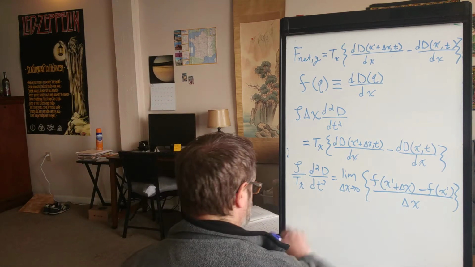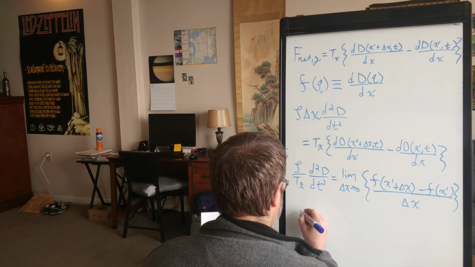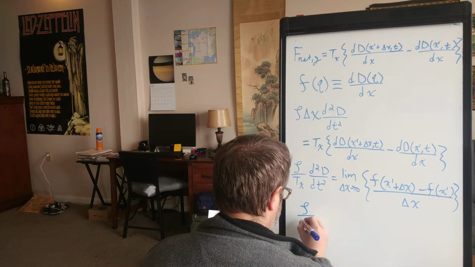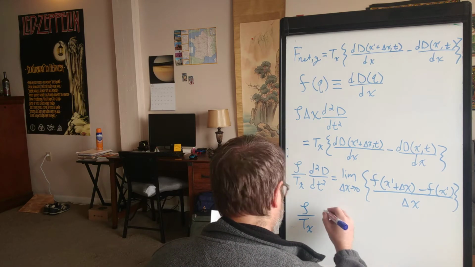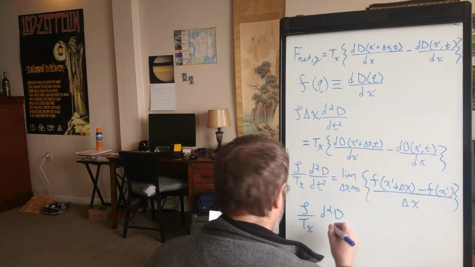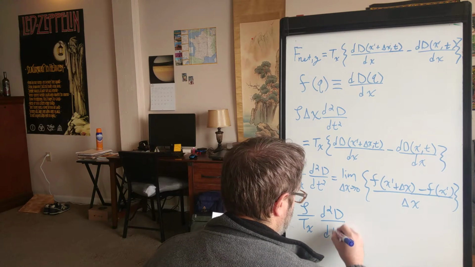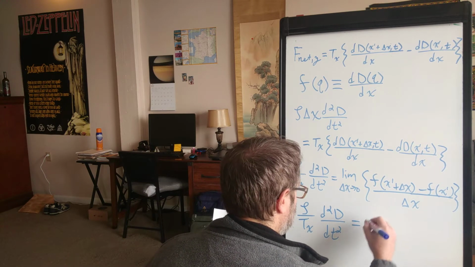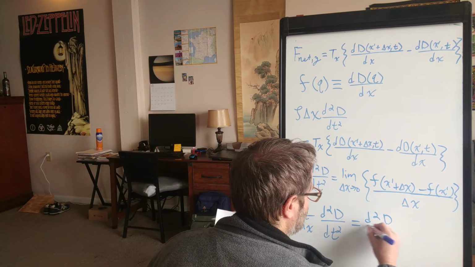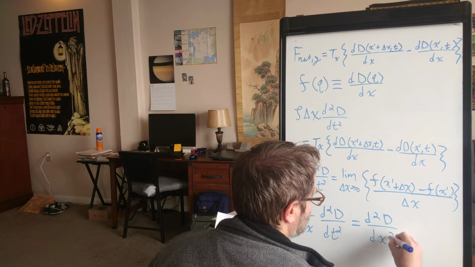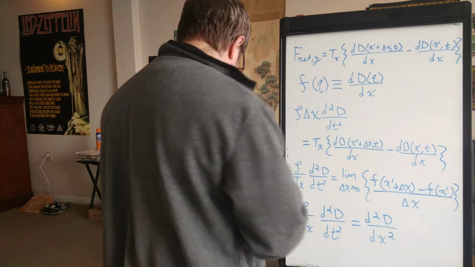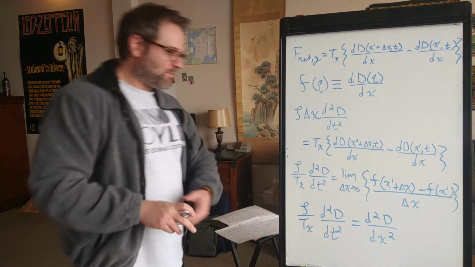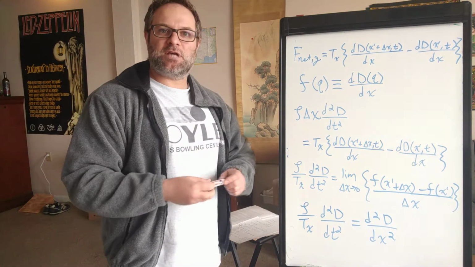So what we get is rho over Tx, second derivative of displacement with respect to time, equal to the second derivative of the displacement with respect to position. It's kind of a weird equation.